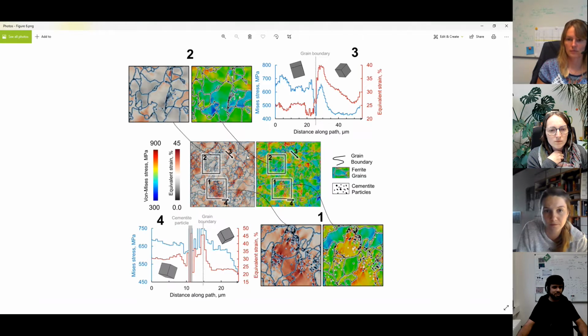And then to explain different phenomena happening, we extracted data on different lines, plotted them in the graphs, took these orientations from those specific particles, and then placed them here, constructed that this is where the grain boundary is, and then named them so it becomes much easier to follow when we are writing in the text. So at position 1 in figure this, this is what is happening, and so on.